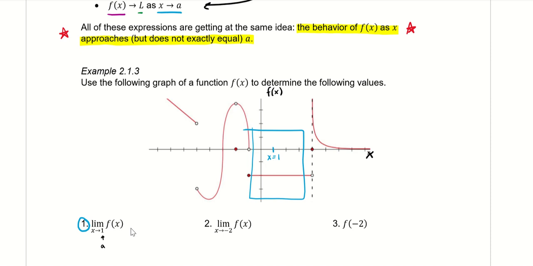I can see that as we get closer and closer to 1 on my function line, my function value is actually not changing. It's staying at, it looks like, -2. My function looks like it is behaving as a value of -2 around x equals 1, which means the limit of this function as x approaches 1 is -2.